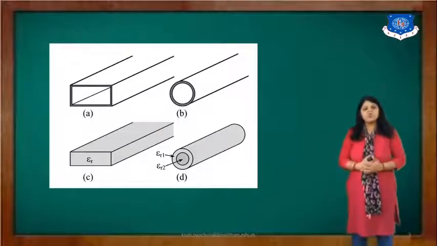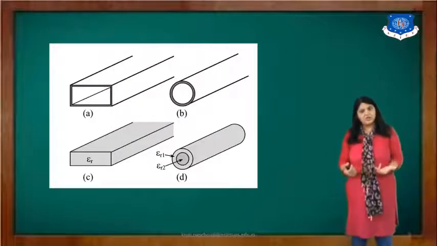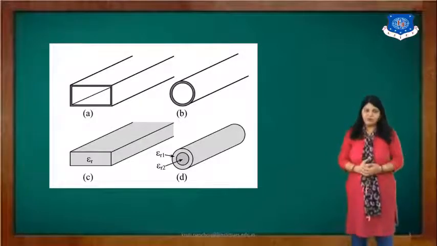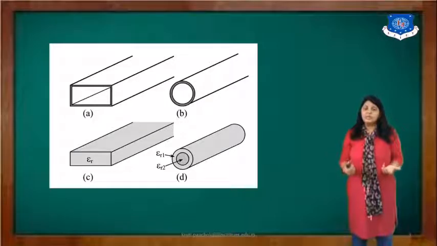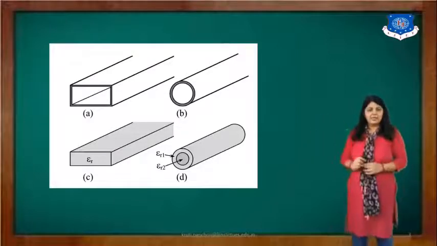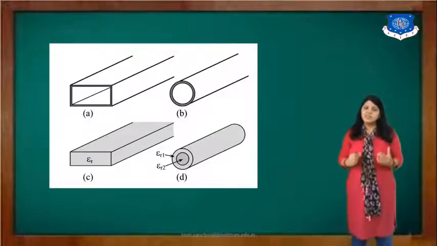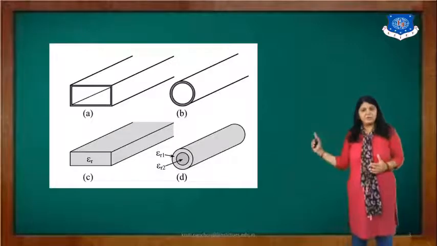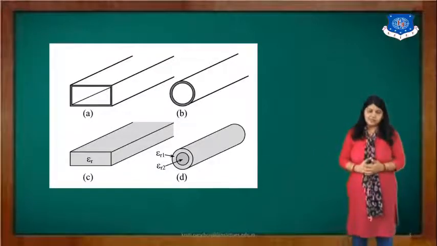There are two types of waveguide: rectangular waveguide and circular waveguide. More commonly, the rectangular waveguide is used. In figure A, the rectangular waveguide is shown. In figure B, the circular waveguide is shown.